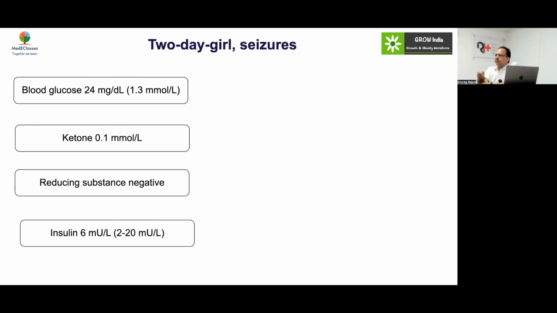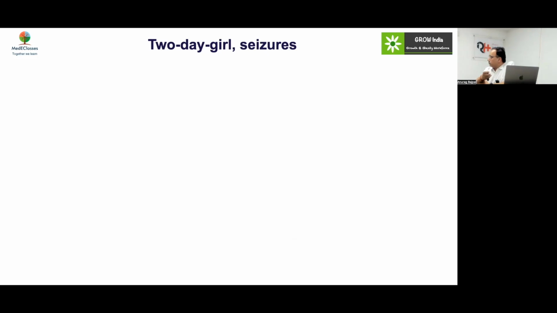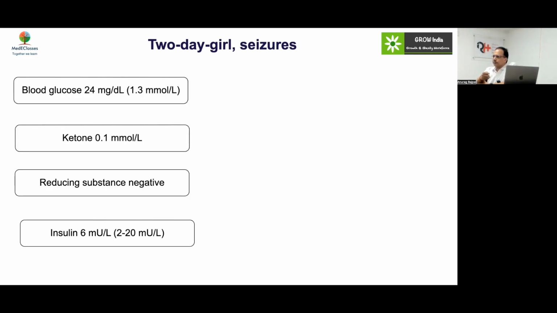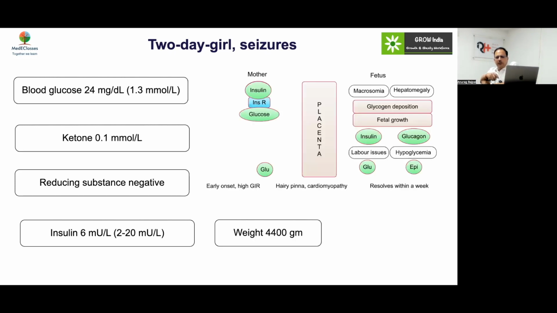In terms of workup, first symptomatic management for the seizure, and then we have to check for the cause of this hyperinsulinism. We have to take the maternal history also, whether the baby was large. There is macrosomia, so now you will do a maternal sugar as well. There is a maternal diabetes which is causing this. This is classical infant of diabetic mother. Usually by 5 to 7 days they will resolve.